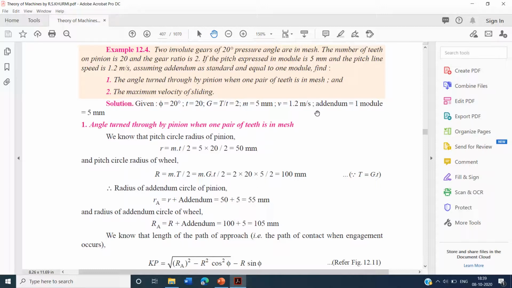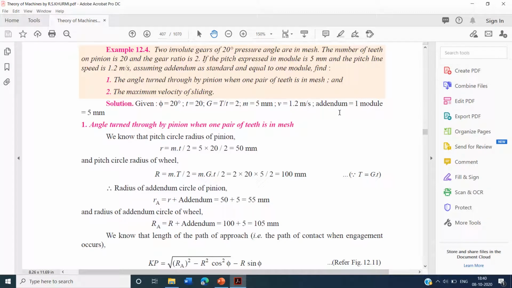The pitch line velocity, that part we don't need because we are not going into the equation for velocity of sliding, so that speed is not needed for this problem. V is given as 1.2 meter per second, assuming addendum as standard and equal to 1 module. Addendum is equal to 1 module, which means module is 5 millimeter, so addendum is directly given as 5 millimeter.